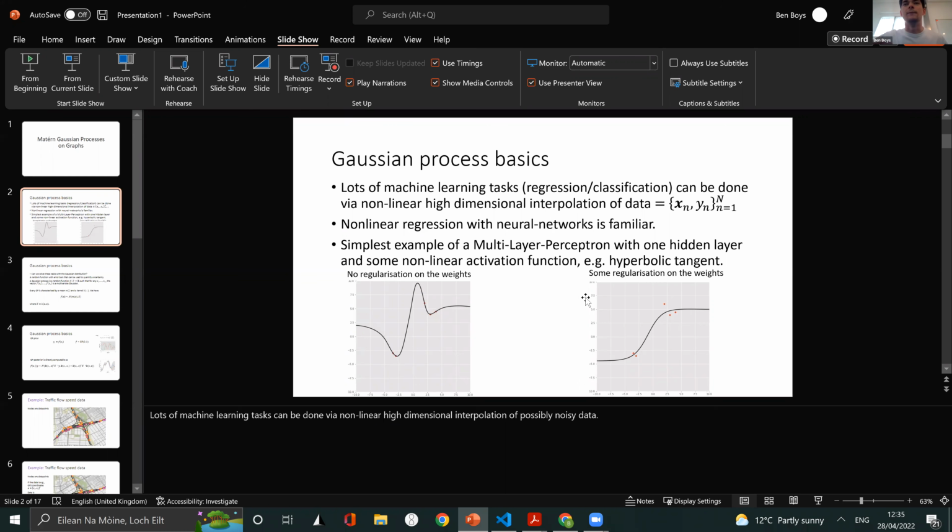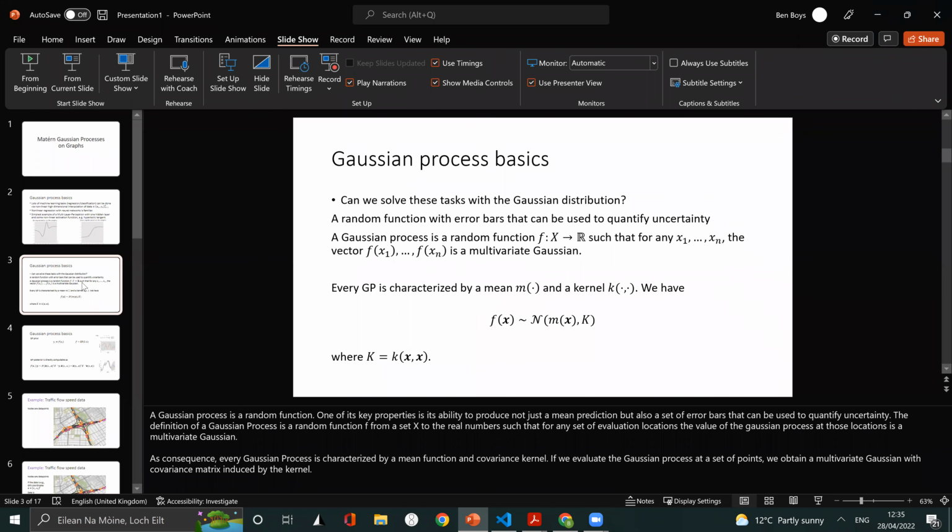And it can be done with neural networks. So nonlinear regression with neural networks should be kind of familiar. The very simplest, most basic example is a multi-layer perceptron with one hidden layer and some nonlinear activation function. And with or without regularization, you can get something that looks like this when you train it.